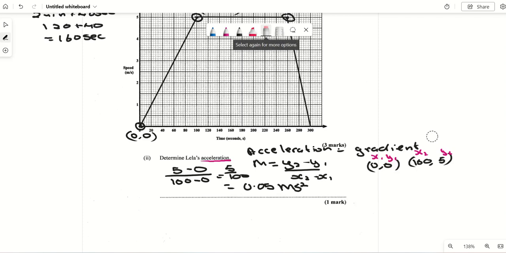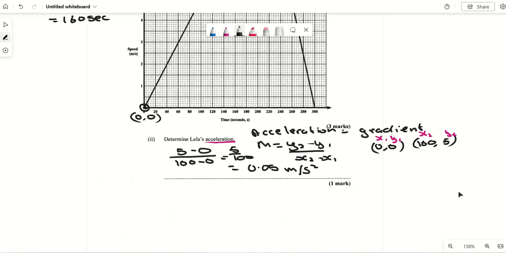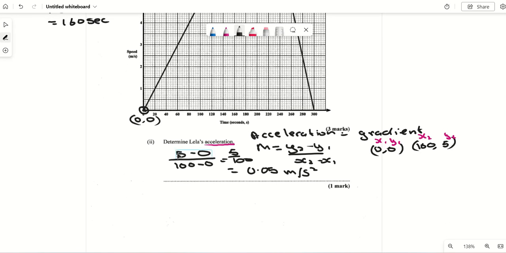And because acceleration is in meters per second squared, let me show how you would find the units.